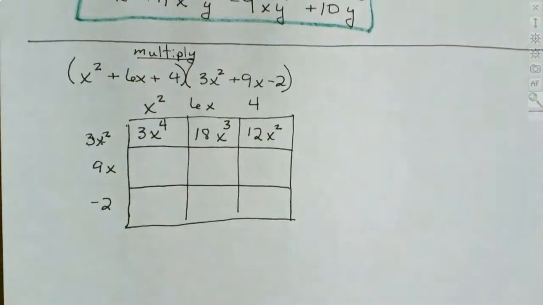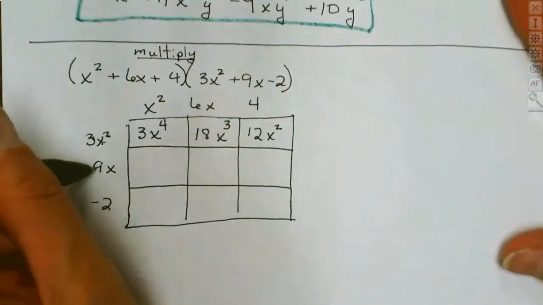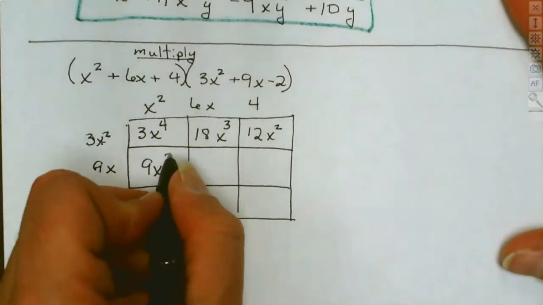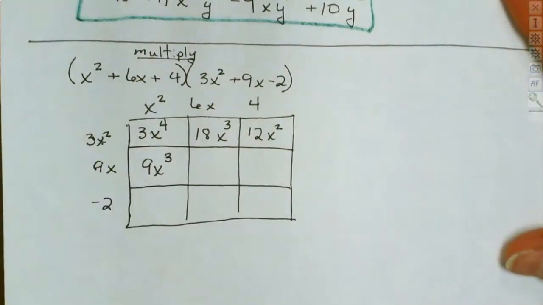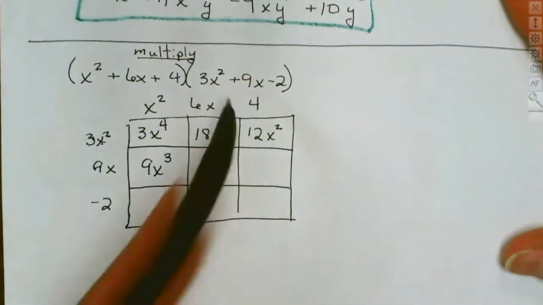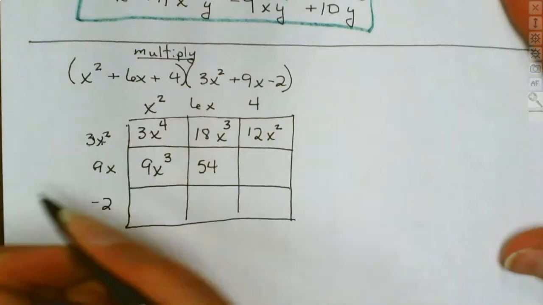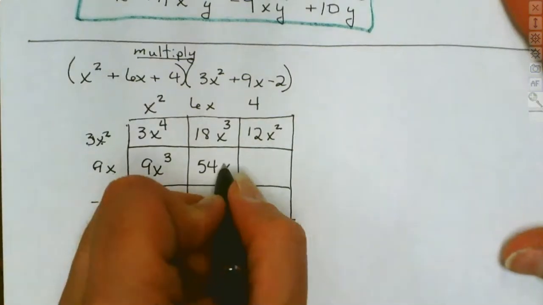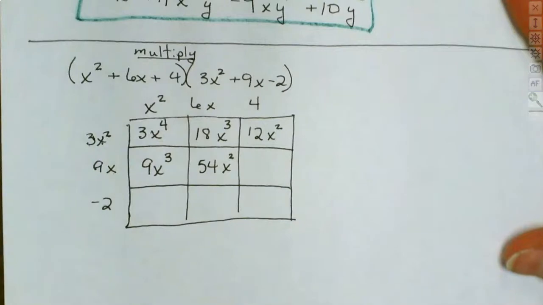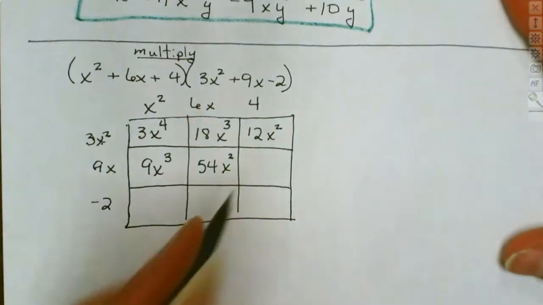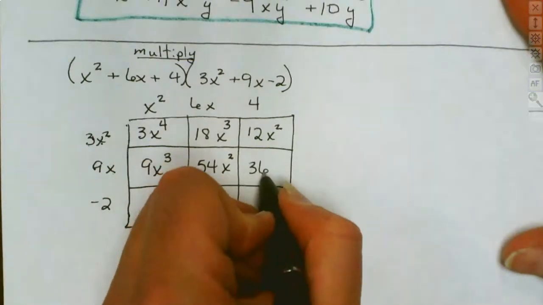Next row, 9x times x squared makes it a 9x cubed. 6 times 9, that makes it a 54. X and x makes it an x squared. 9 times 4, that's a 36.